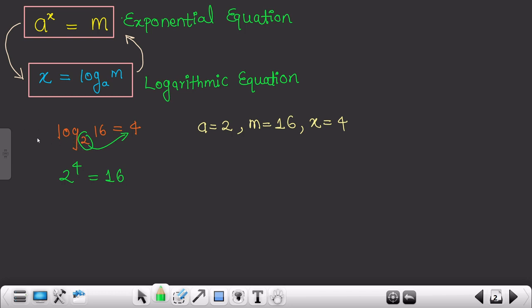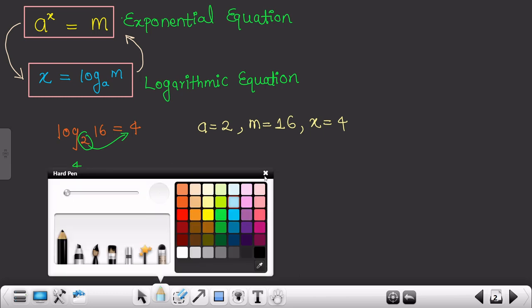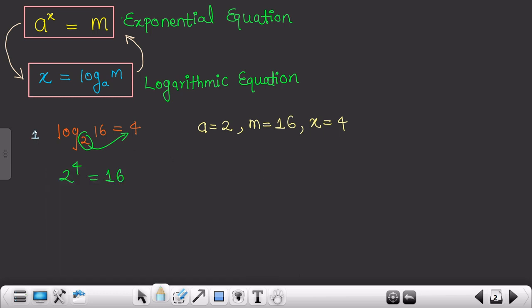This was the very first question which was given to us: log to the base 2 of 16 is equal to 4. How did you write it? You just took this 2 out of the base of the log, and moved it over here. This a was over here, and in our case a is 2.